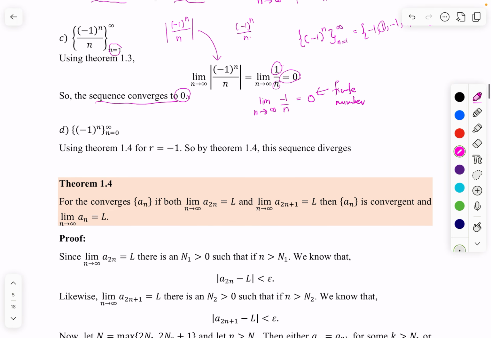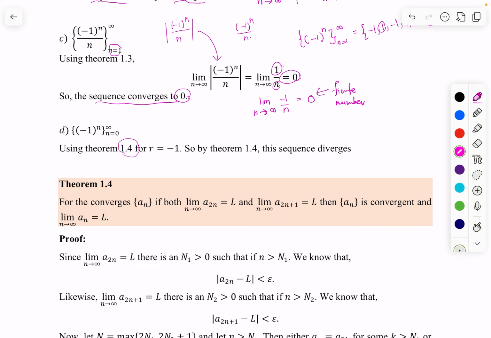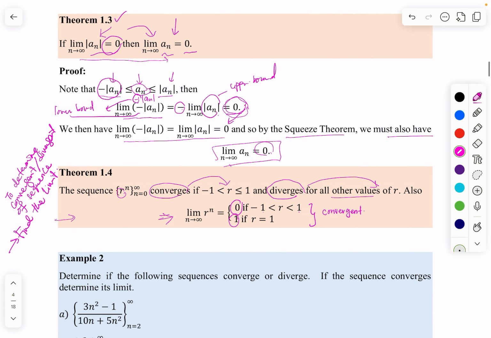Okay, so using theorem 1.4, here we recognize that r is -1. So when r is -1, we look back at the condition. For the convergence part, it says that the limit of the sequence is convergent if r is between -1 and 1, but not including -1 and not including 1, only the values in between.